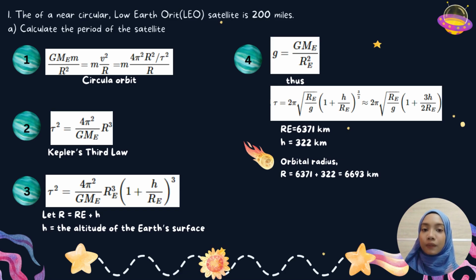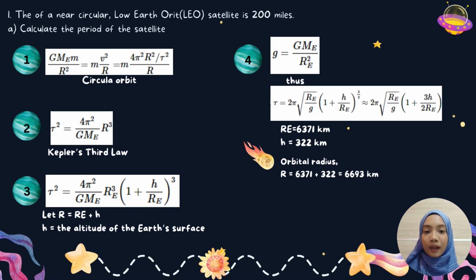For step number 4, there are a lot of steps within this step, so I will explain the first step in step number 4. The first step is to find the orbital radius, where RE plus h equals r. RE is equal to 6371 km, while h is equal to 322 km.